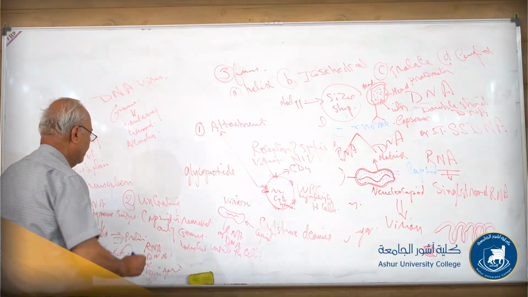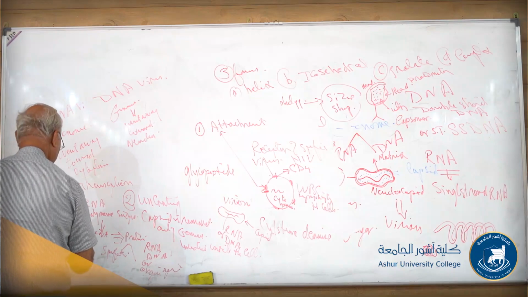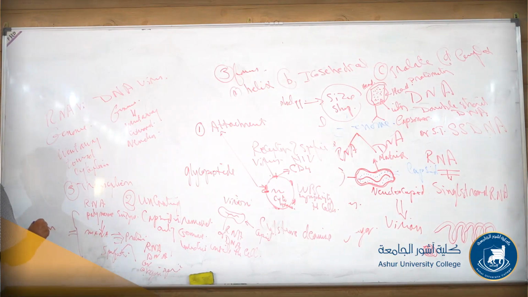From these, RNA or DNA again starts with the capsid protein, and a new virion is produced and infects other cells.